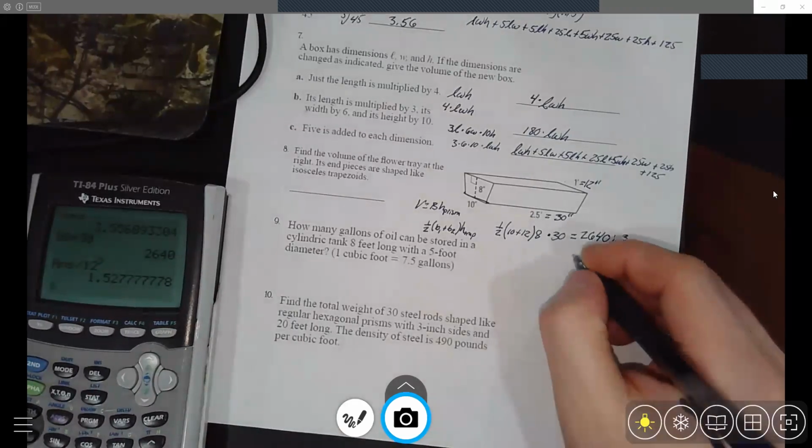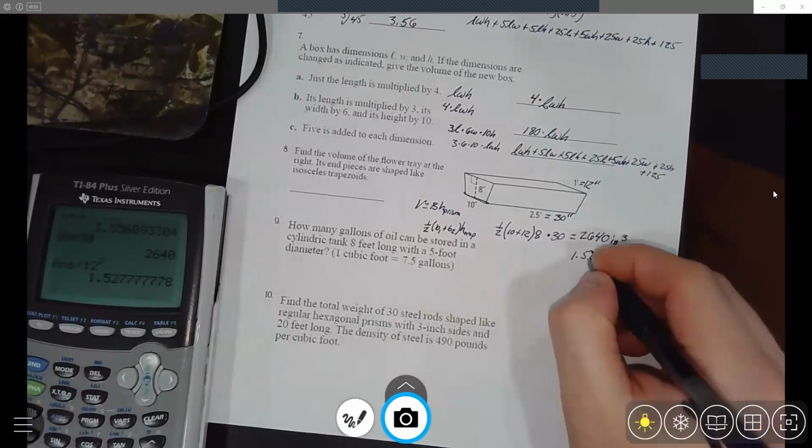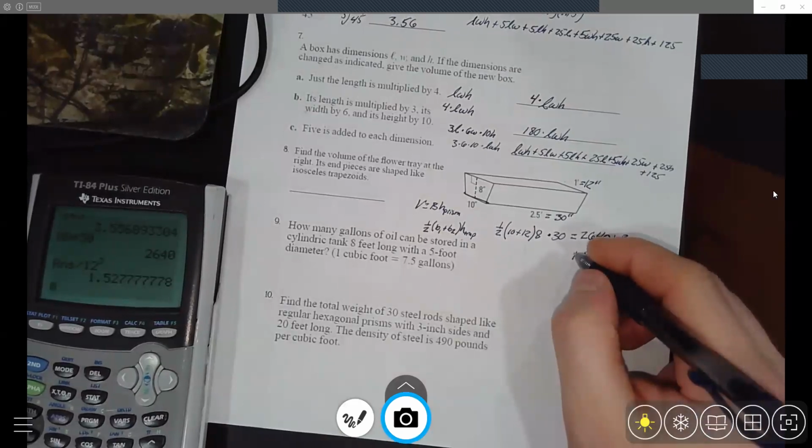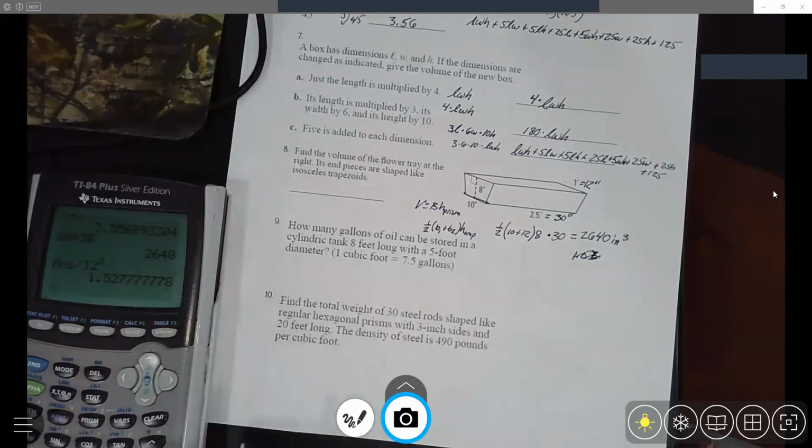And so if you did it in feet, you should have got 1.5, well, it says exact answer. So we wanted to figure out what that fraction is.